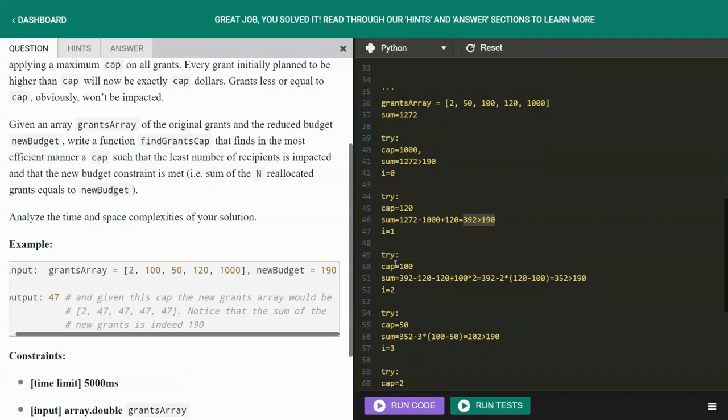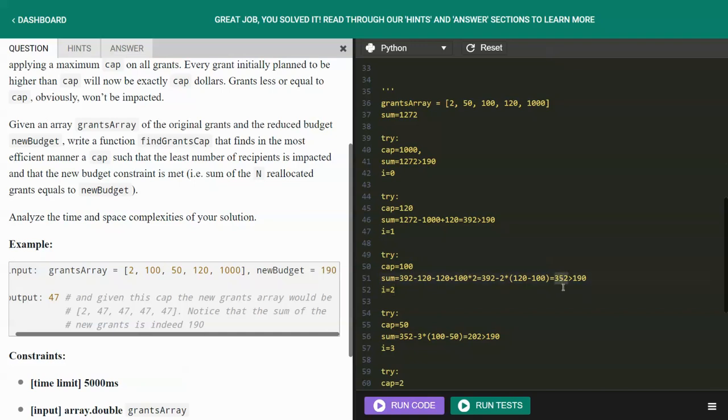Okay, now we continue to try, and the new cap rate will be 100. So the old cap rate is 120, the new cap rate is 100, and the new running sum will be 392, which is the original running sum, minus 2, which is the index, times the difference between the old cap rate and the new cap rate.